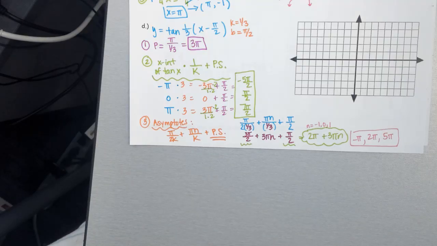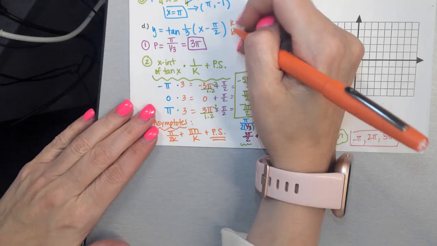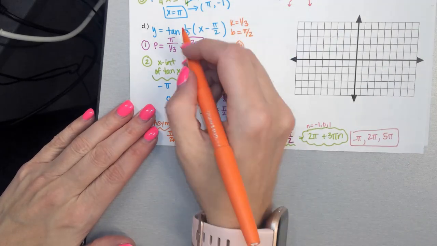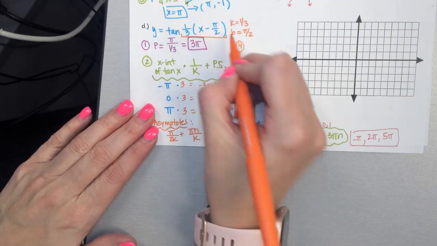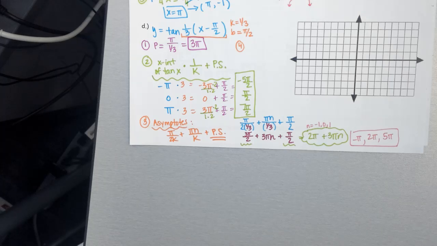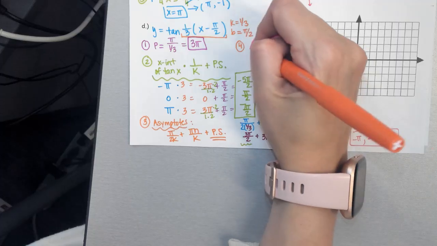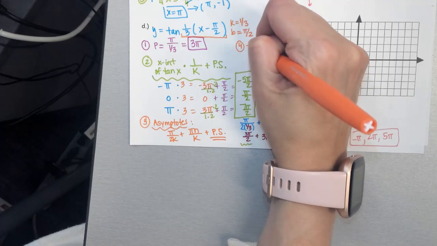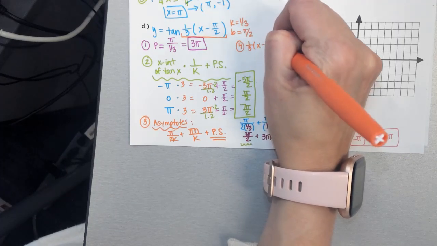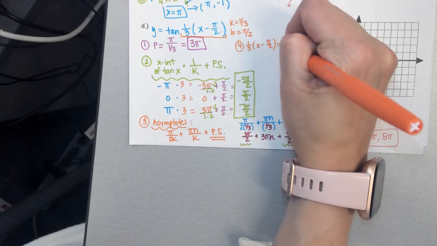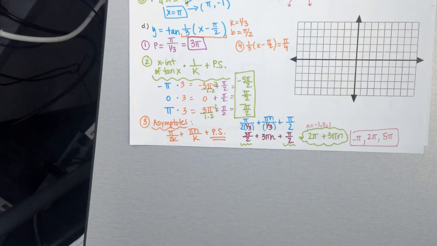Whenever you are trying to find that last point, all you have to do is look and see what the tangent is of. You always want the tangent to be of pi over 4. So you can just take whatever you have here and set it equal to pi over 4, and you can solve that. Some of you might just be able to do that mentally.